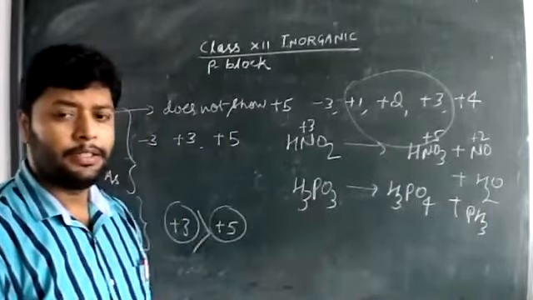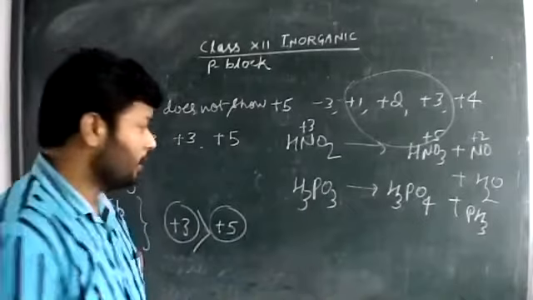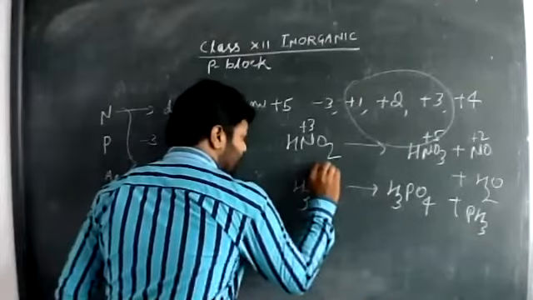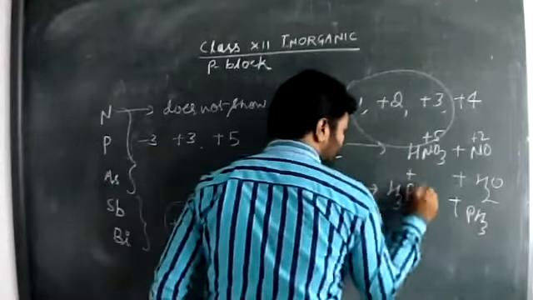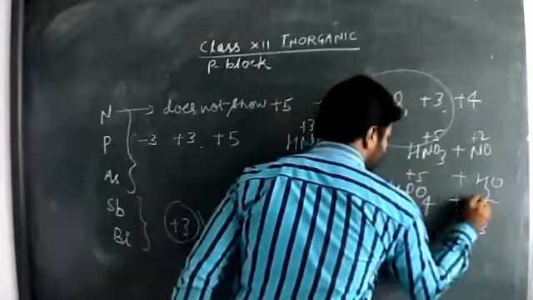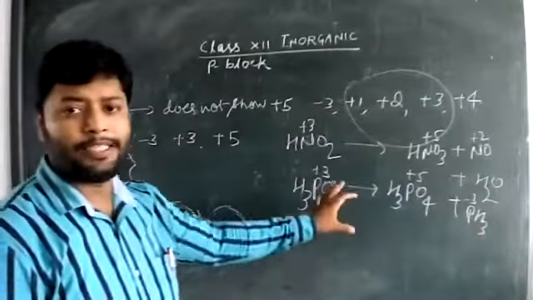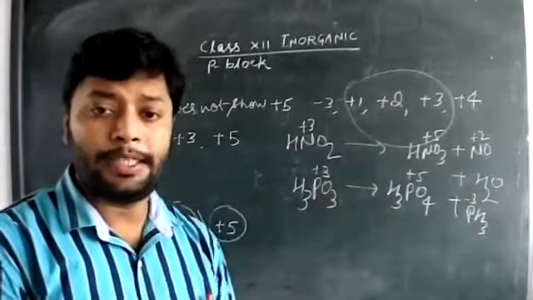Look at the reaction. The phosphorus with plus 3 oxidation number changes into plus 5 and minus 3. This is also an example of a disproportionation reaction.